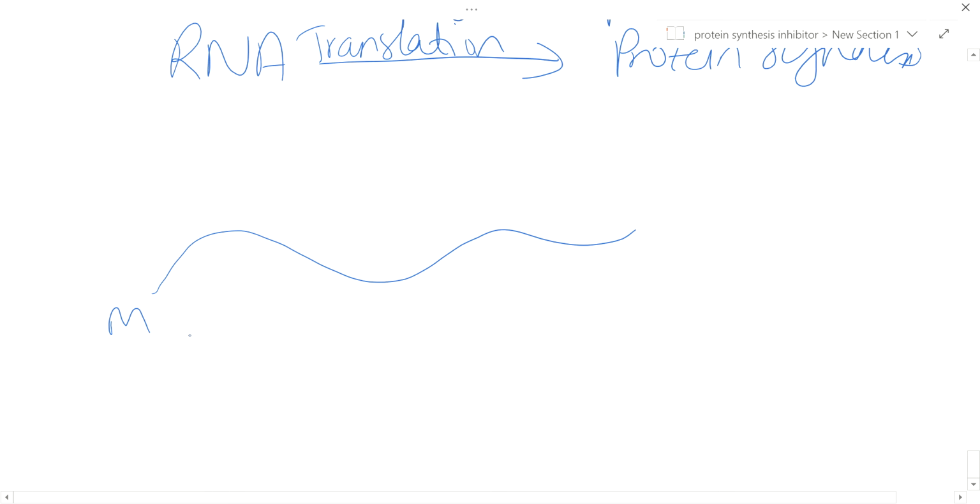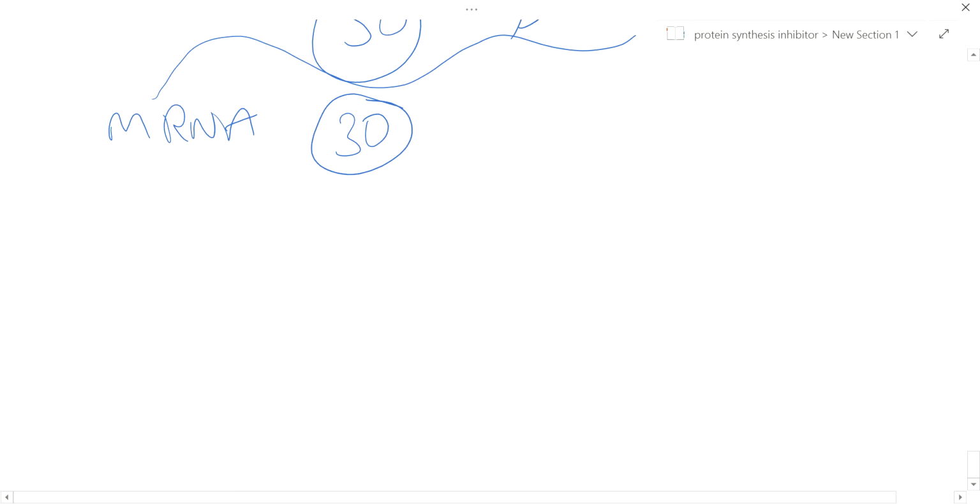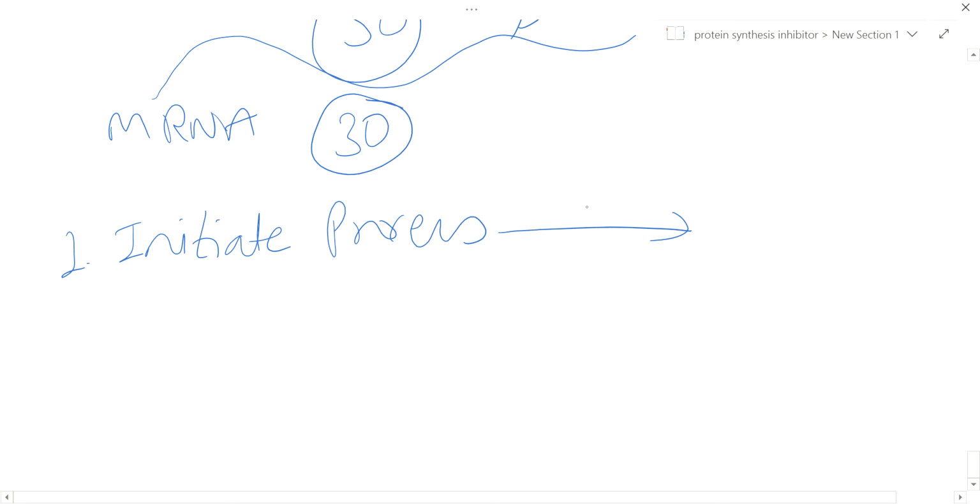From messenger RNA, 50S and 30S subunits of ribosome are required. Then tRNA is added. From tRNA, the peptide is added and protein is synthesized. The initiation of this process is inhibited by aminoglycosides and linezolid.